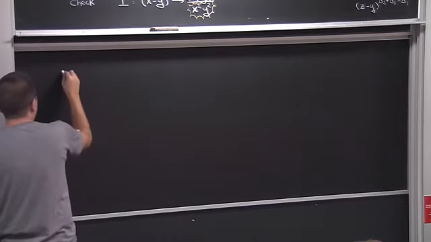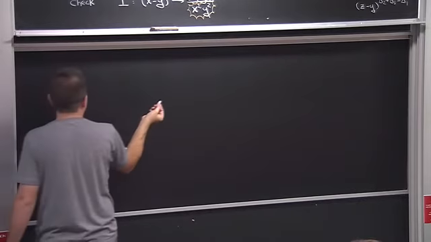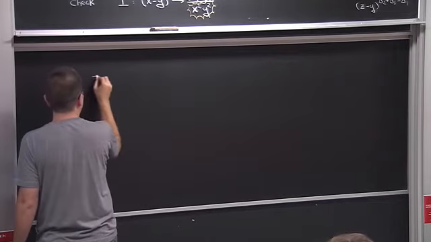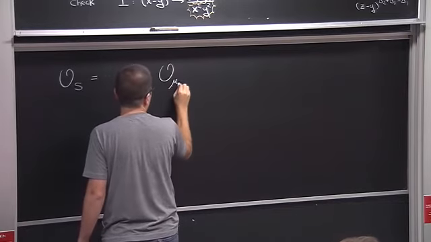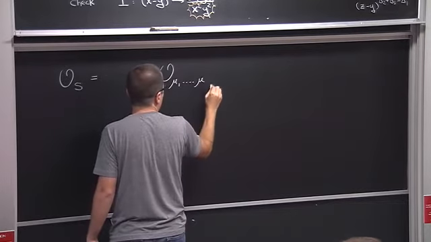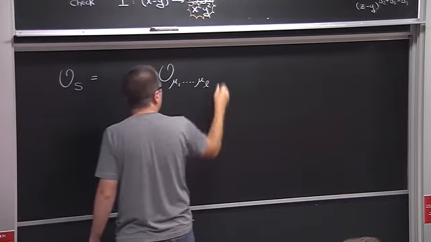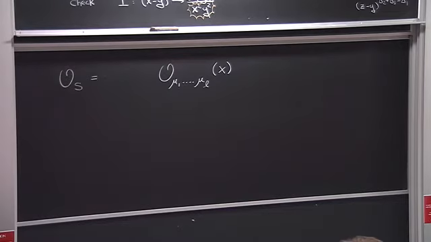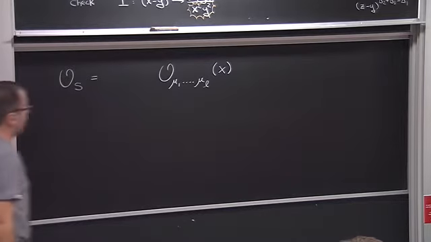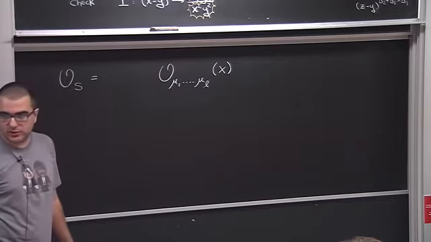So suppose we have an operator O_S that has spin. So this operator O_S that has spin, it's an operator O, which has some indices, mu_1 up to mu_L, at some point of space-time x. And this is a totally symmetric tensor, symmetric traceless actually.